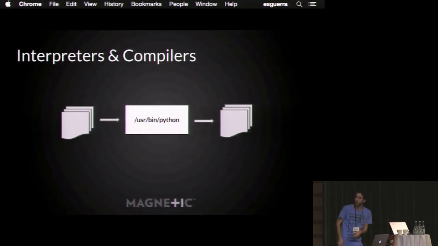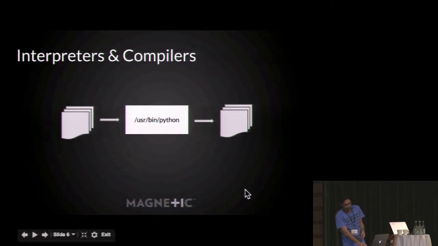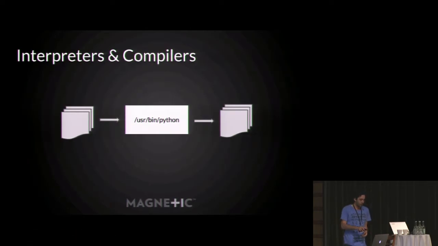So, interpreters and compilers. Interpreters and compilers are just programs. The whole lead-up here is just to make that very explicit: there are programs called interpreters and compilers. The difference between them isn't really important for the moment. They take source code and translate it into something that you can actually run.